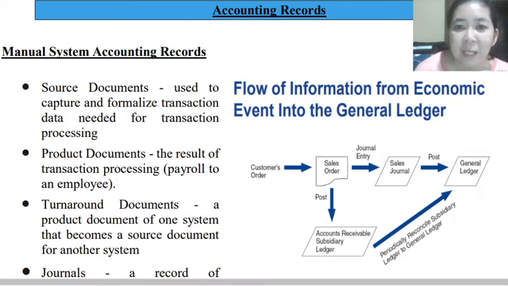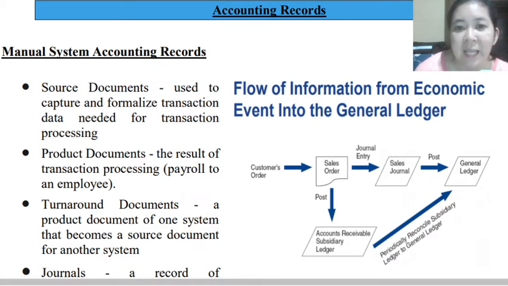But for this example, of course, the first step is the customer's order, and in this case, this is the revenue cycle. So the entity will prepare a sales order which contains the details of the item that the customer wants to purchase: the quantity, the amount, the type, and so on, the price.